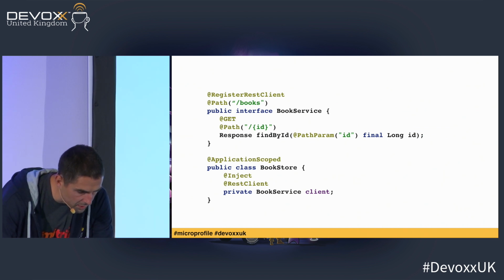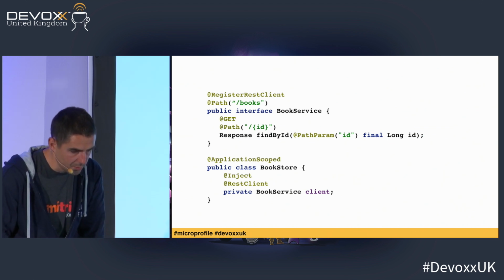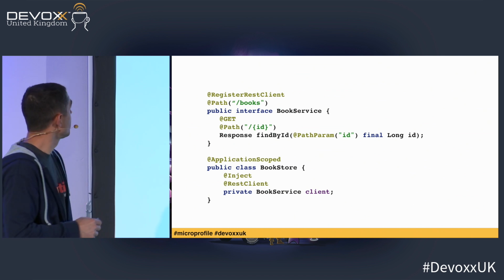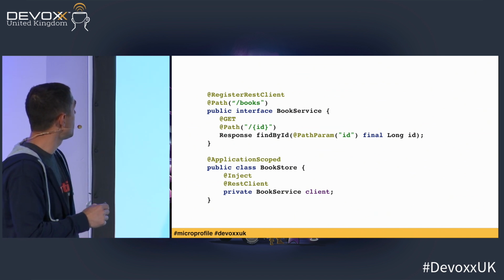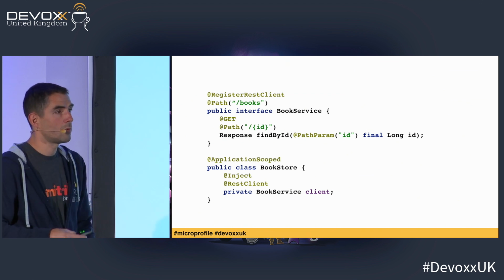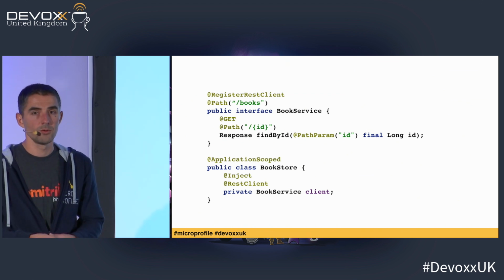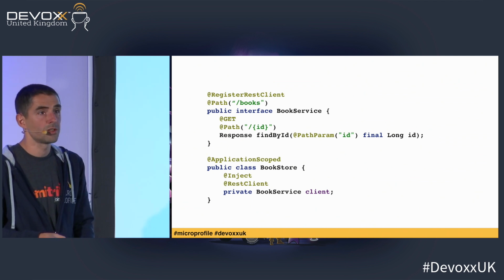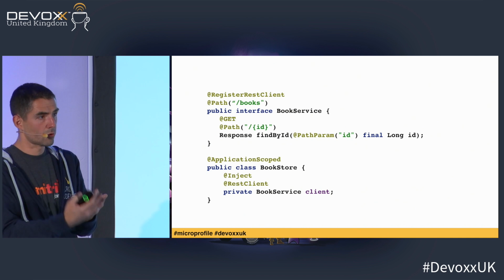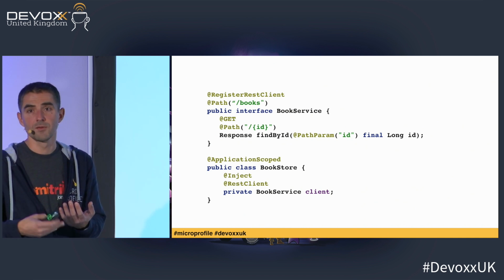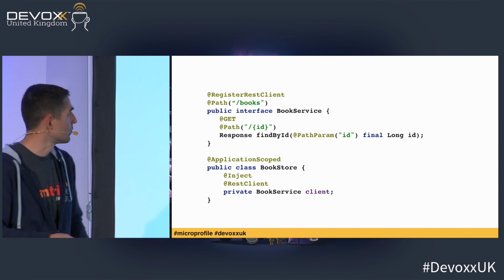So the way it works is that basically you're going to define the interface for the service, and you're going to flag the interface with RegisterRestClient. So when the extension is going to boot up, we're going to look for all the RegisterRestClient annotations and then build up the proxy under the cover that does basically all the garbage for the network and the remote calls.